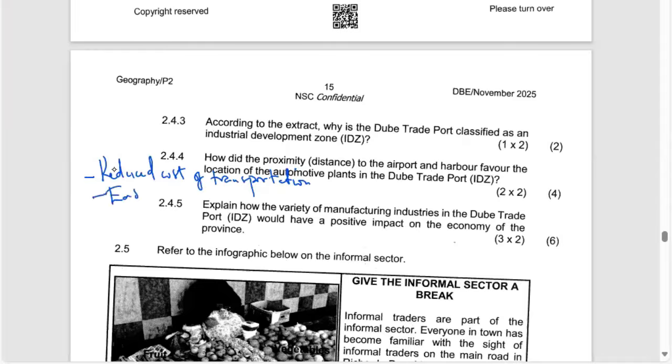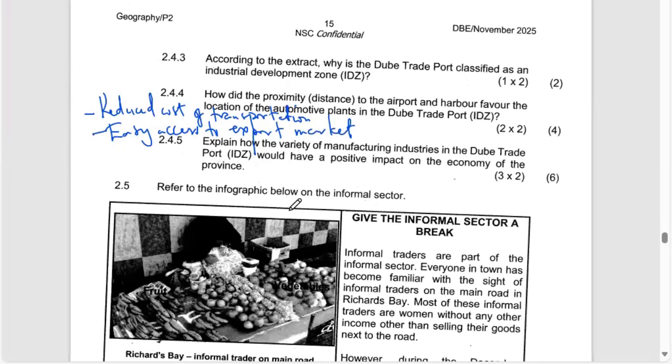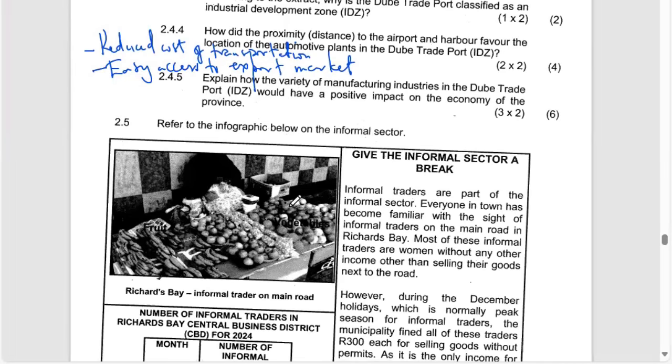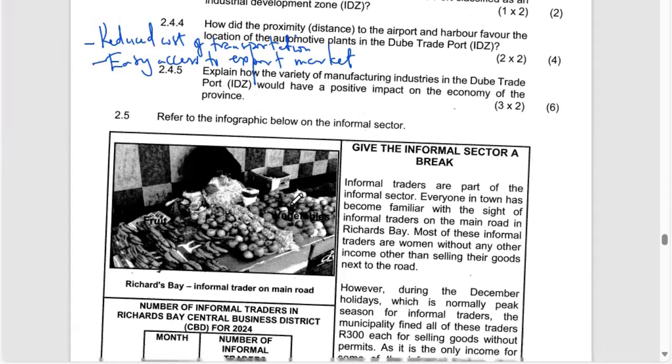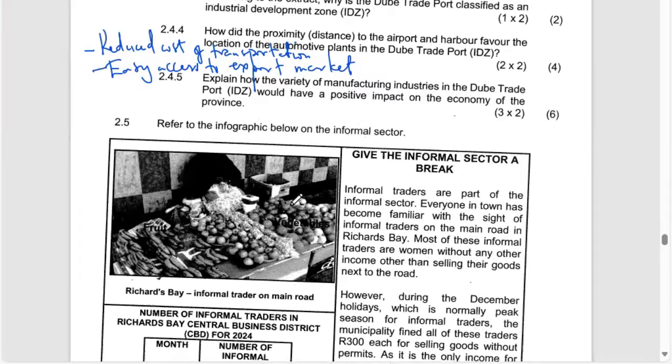And then we'll also look at easy access to the export market. We are located close to the airport and to the harbor, which means we can easily send our products to the harbor so that they can be exported to the international market, or we can send our products to the airport. At the same time, we can also receive raw materials and other inputs that we need in the production process.